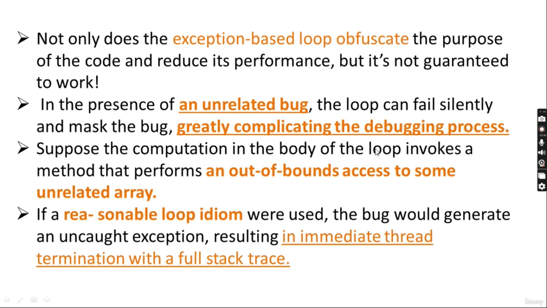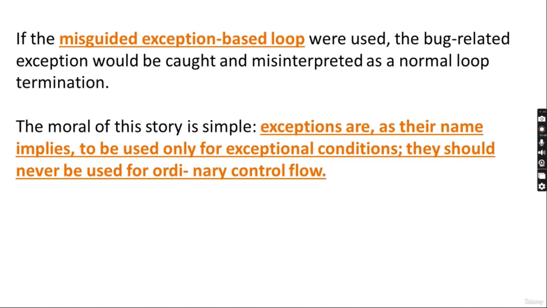If a reasonable loop idiom were used, the bug would generate an uncaught exception, resulting in immediate thread termination with a full stack trace. If the misguided exception-based loop were used, the bug-related exception would be caught and misinterpreted as normal loop termination. The moral of the story is that exceptions are, as their name implies, to be used only for exceptional conditions. They should never be used for ordinary control flow.